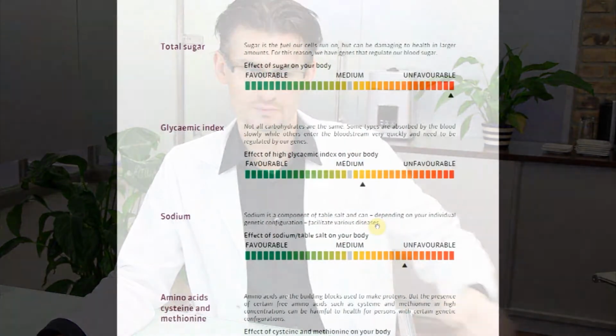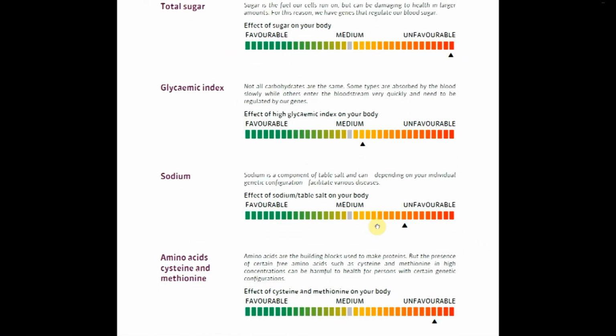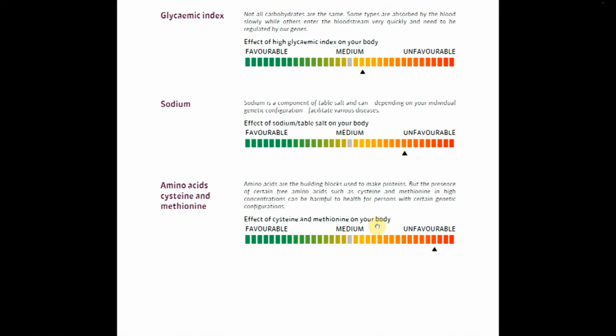So having a high glycemic index is not so much of a problem here. It might be much worse for you. Sodium, that's table salt. For some people it's normal, for others it's very unhealthy. The amino acids cysteine and methionine, in this case, are very unfavorable, might be different again in your case.